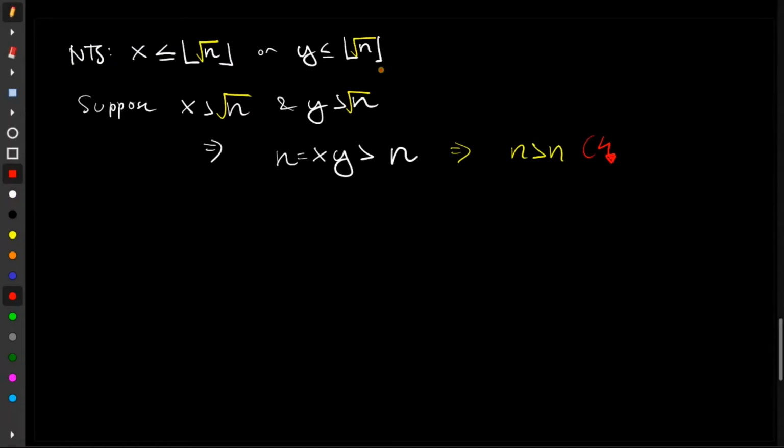This is a contradiction, since n can't be greater than n. It can be greater than or equal to, but there's no equal to here.